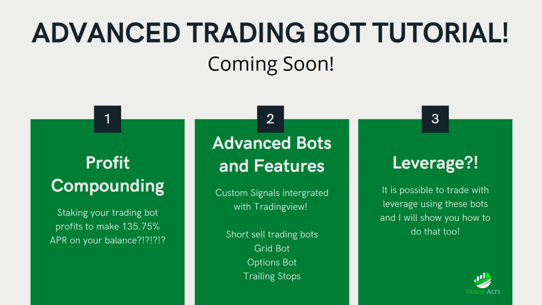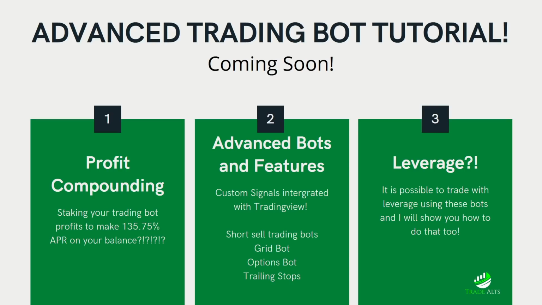The second thing I'm going to talk about is the different kinds of bots. With the more advanced bots and features, I'm going to teach you how to create a custom signal integrated with TradingView. TradingView is the charting software that I use to trade off of. This is more for the advanced traders.